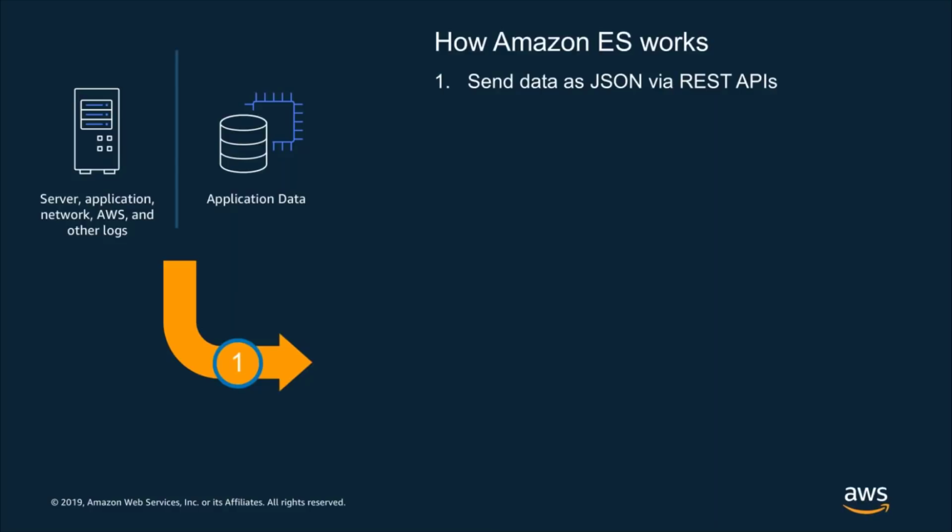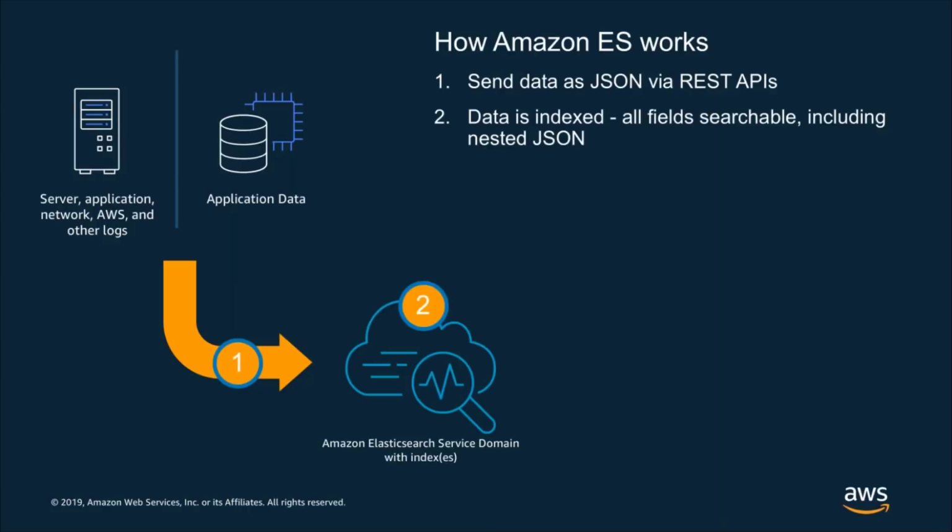And the native format there is JSON. So Elasticsearch is a REST-based application. You format your data and your queries as JSON. They go in. Elasticsearch builds an index across each of the fields that are in your JSON.